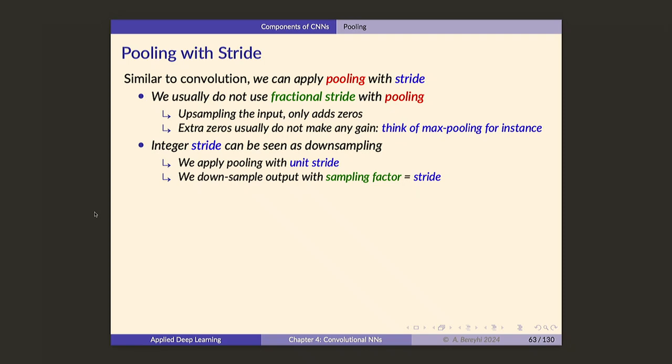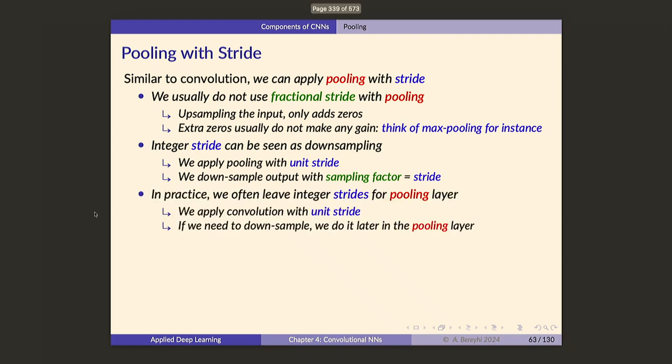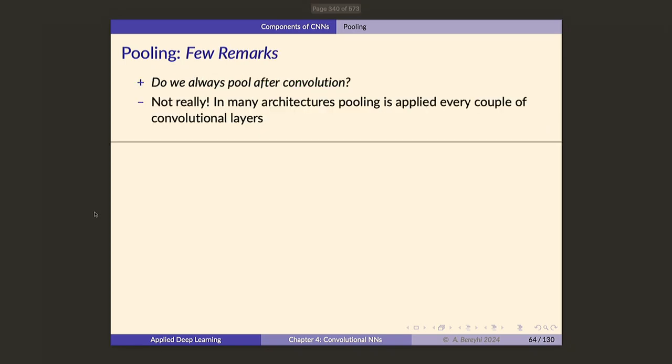You gradually do it until you get to the number of features you are comfortable with. So that's usually the case, and as I told you, the integer stride we usually leave for the pooling, and then we do the convolution with unit stride.